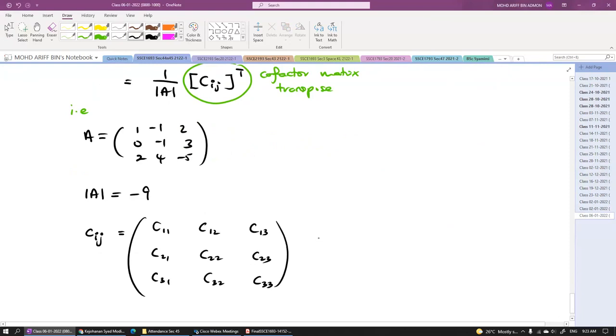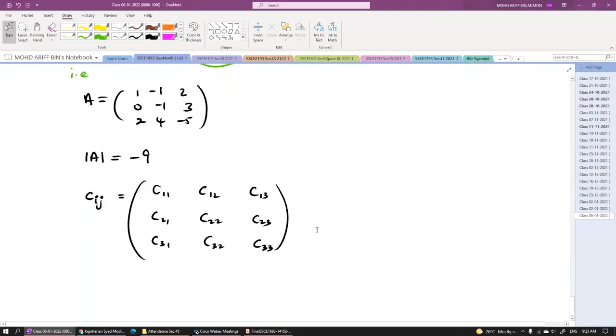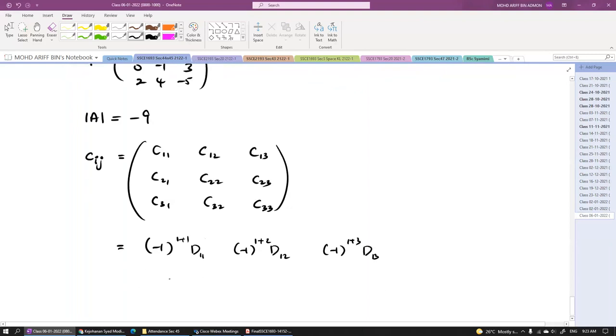When calculating the cofactor, we have the formula: -1 to the power of i plus j multiplied by minor Mij. So you have -1 to the power of 1 plus 1 for d11, -1 to the power of 1 plus 2 for d12, -1 to the power of 1 plus 3 for d13, and you follow for the rest.